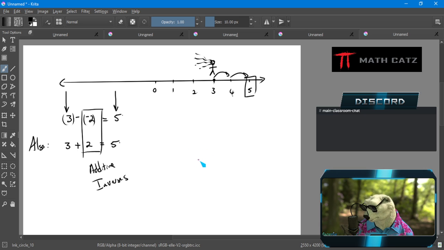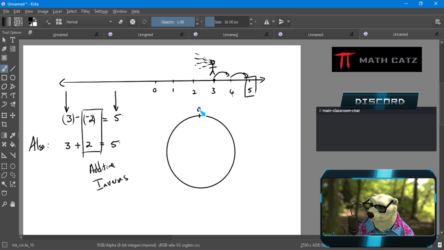So now, let's go to the mod 8 circle. I need to redeem myself, make a better circle. Let's go mod 8, 0, 4. Why can I not do mod 8? How hard is that?